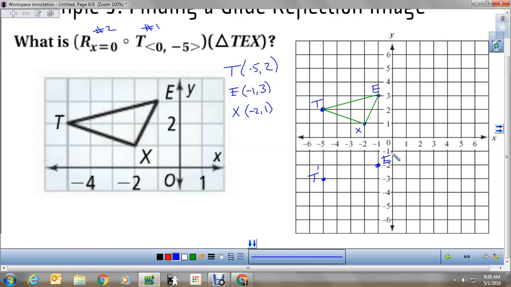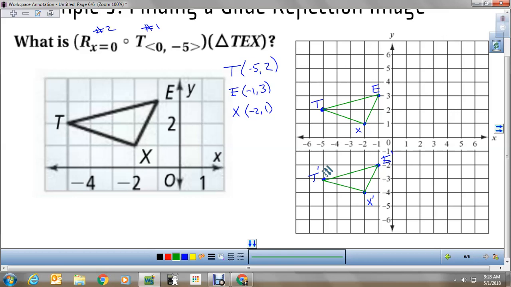That's our E prime. Then our X prime comes down the same x to negative 4. So as we draw this figure, there's our T prime, E prime, and X prime.